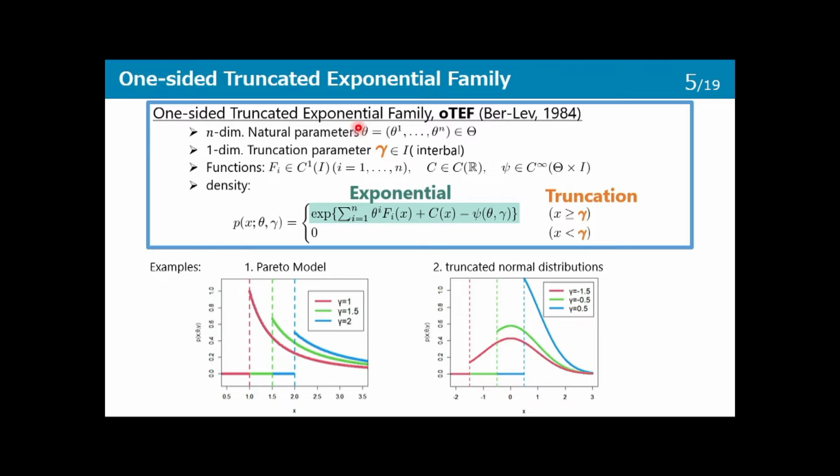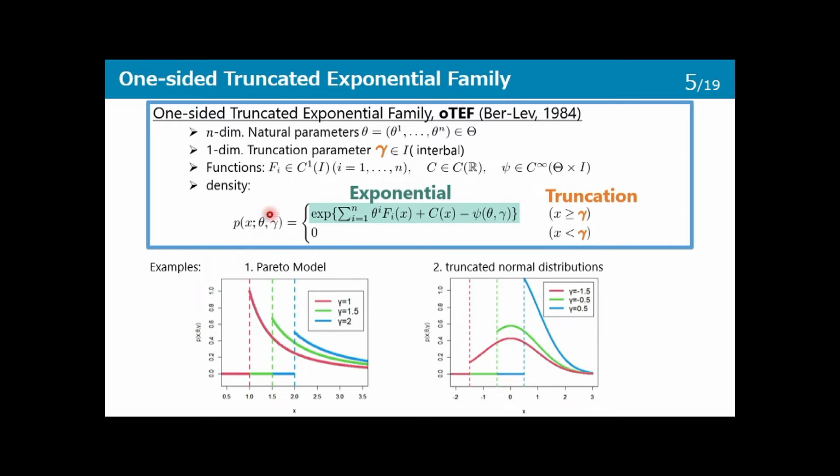I'd like to introduce the one-sided truncated exponential family, shortly OTF. OTF is a statistical model with two kinds of parameters, an n-dimensional natural parameter theta and a one-dimensional truncation parameter gamma.